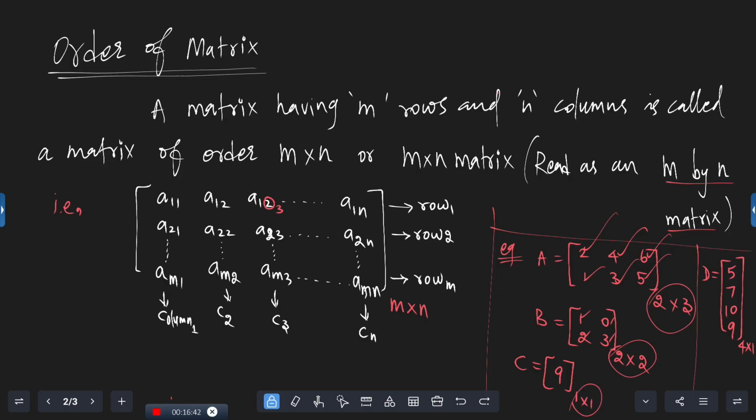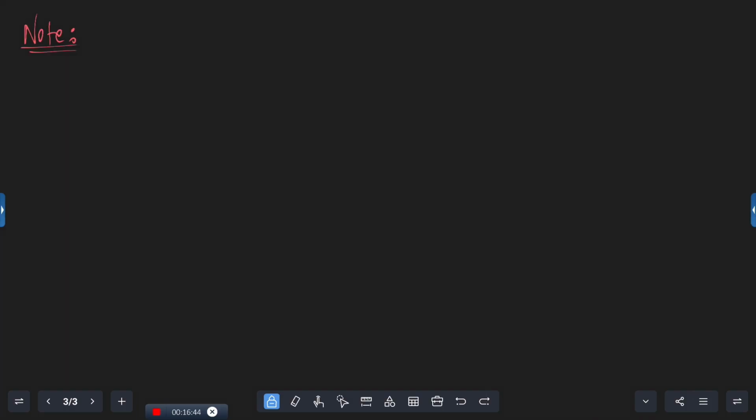So what we are learning through this: the number of elements in a matrix, if they ask, is very simple, we have to take the product of the number of rows and the number of columns.